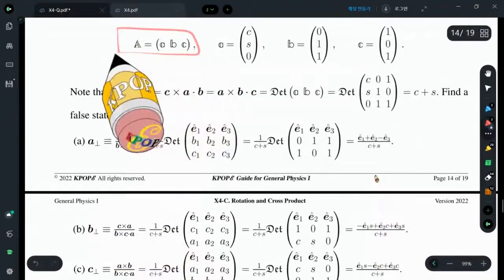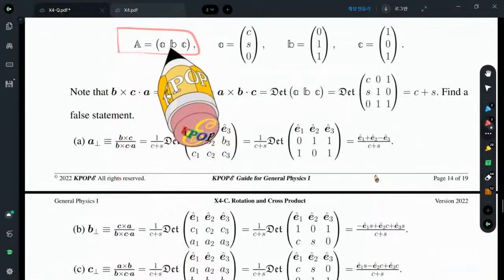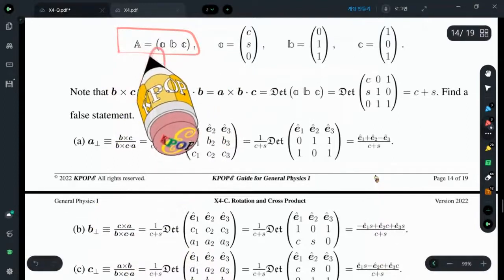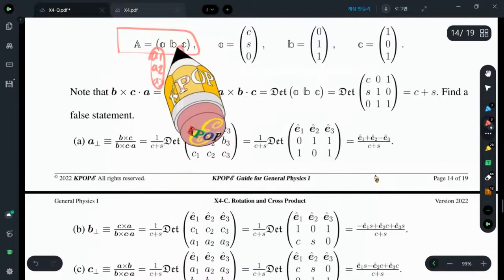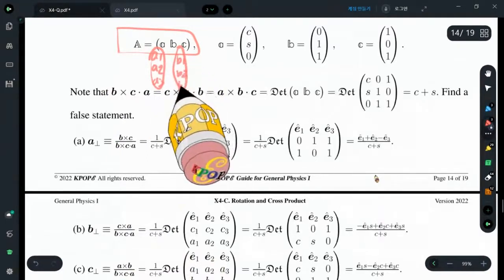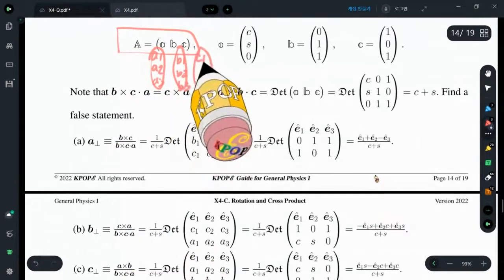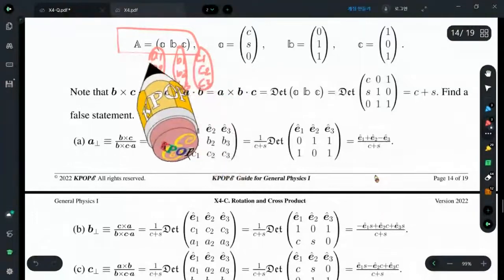Let me introduce our matrix A, B, C. This one has columns A1, A2, A3, B1, B2, B3, C1, C2, C3.